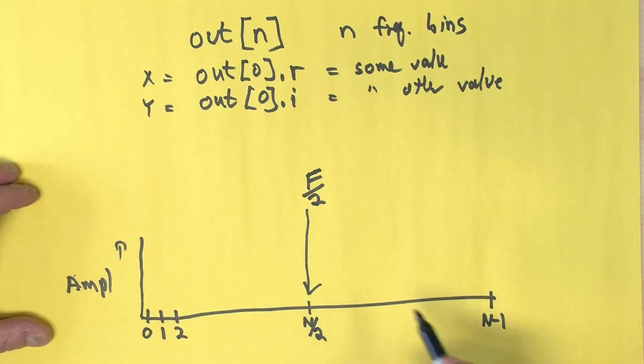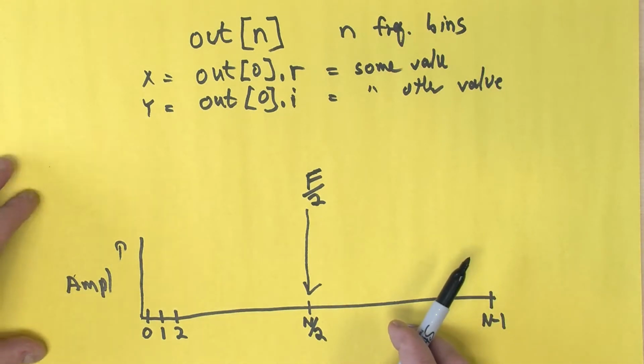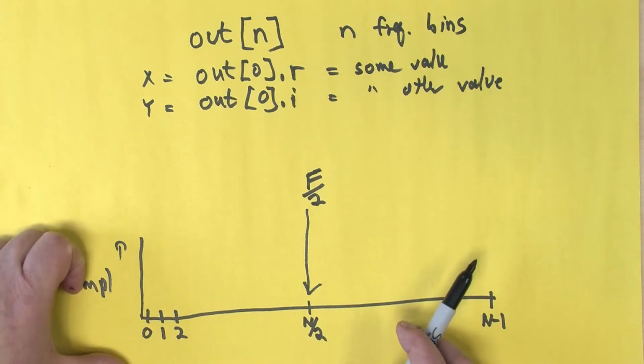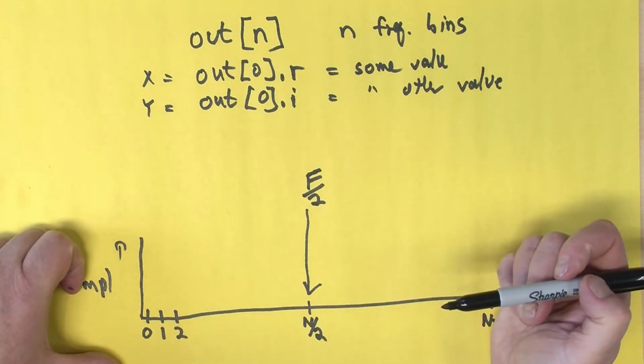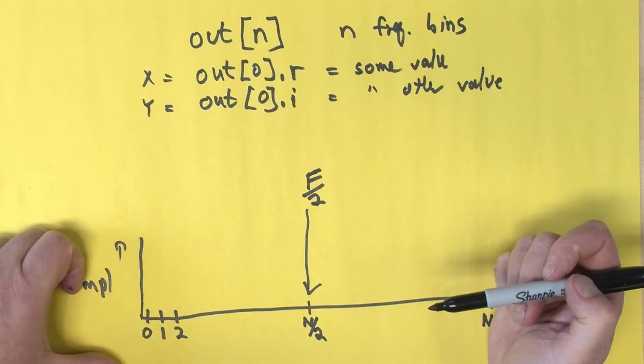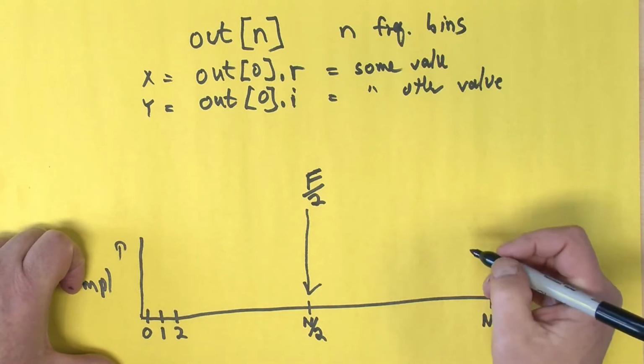So what that tells us is that these frequencies over here can't possibly be valid. Well, you're right. They can't be valid in terms of being greater than f over 2. The trick is they're not greater than f over 2.